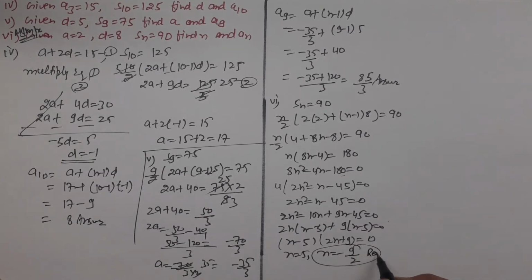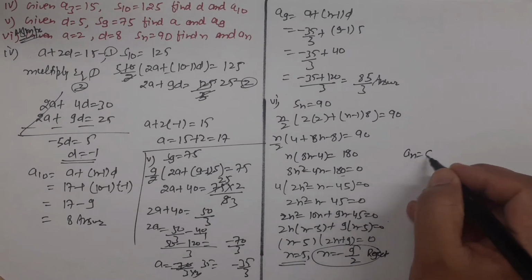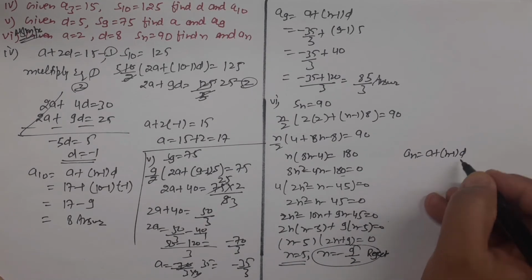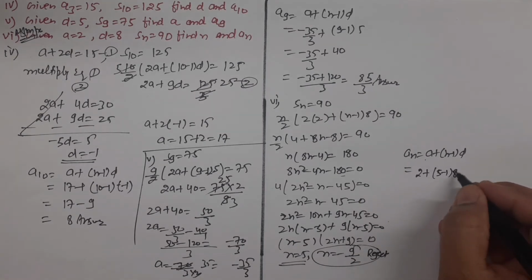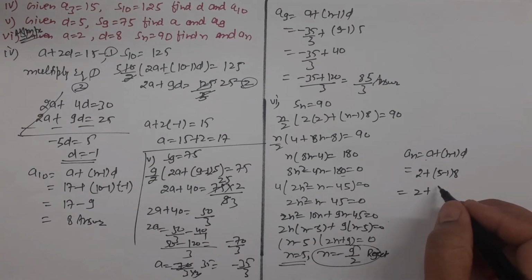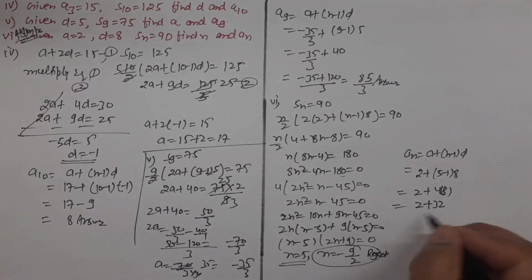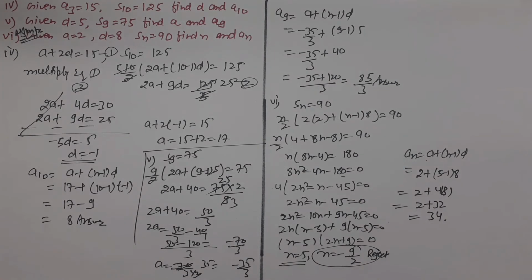Now reject. n is 5. Now a_n: a plus (n minus 1)d. a is 2, n is 5, minus 1, d is 8. Now solving. We have 34 as a_n and n is 5.